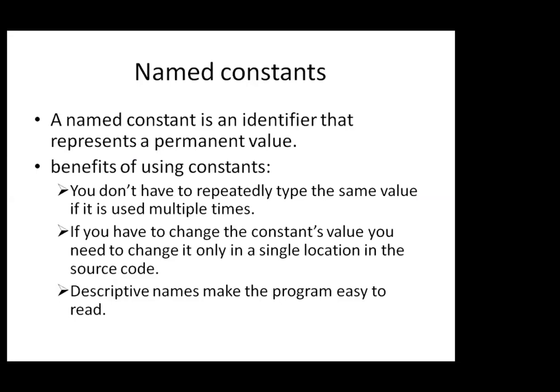You just need to write the name of the constant, and that's it. And if you want to change the value, you only need to change it in a single location, on one line.